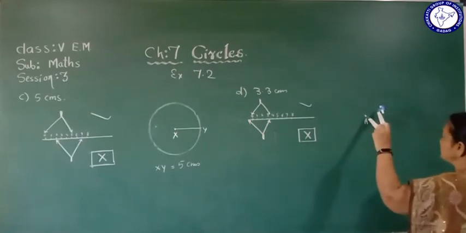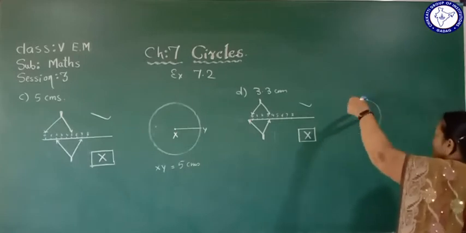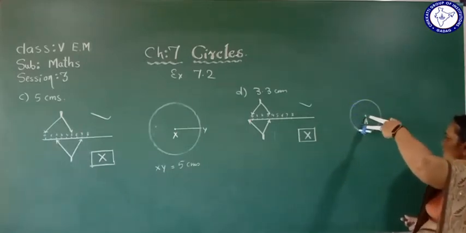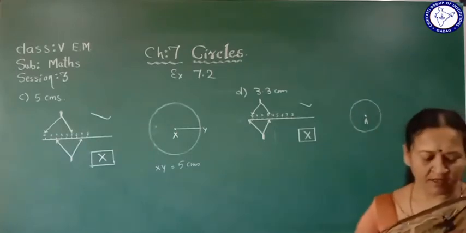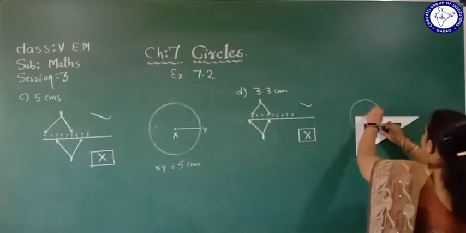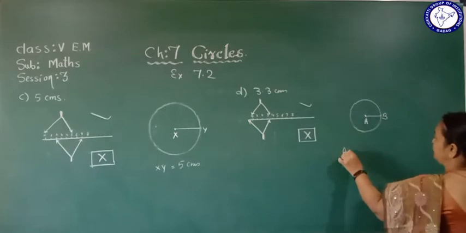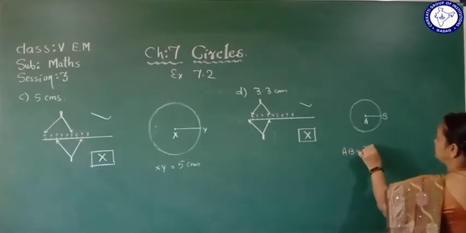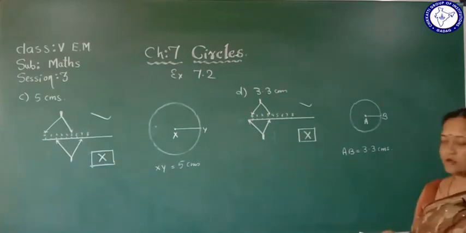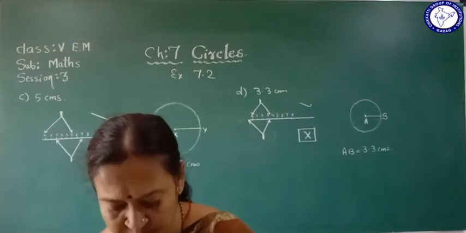Keep on the center of the circle and draw a circle of radius 3.3. Then join AB. Here AB is 3.3 centimeters. This understood?